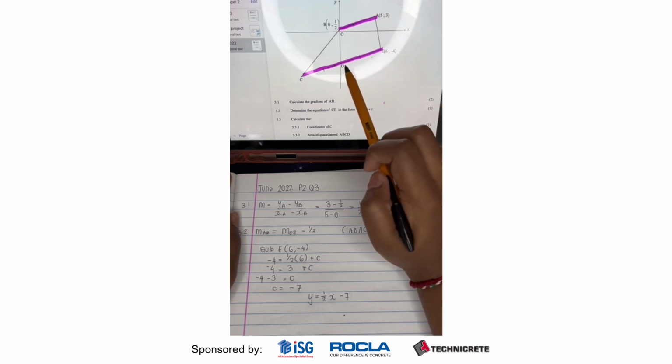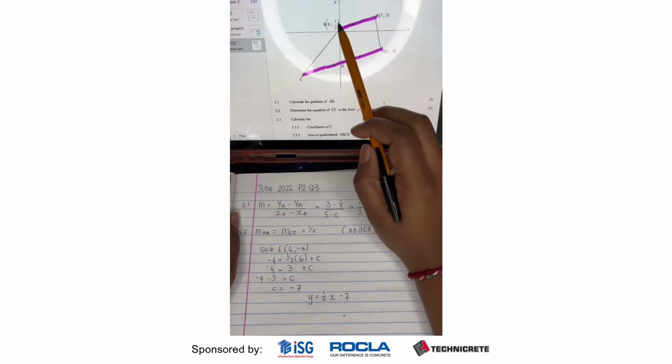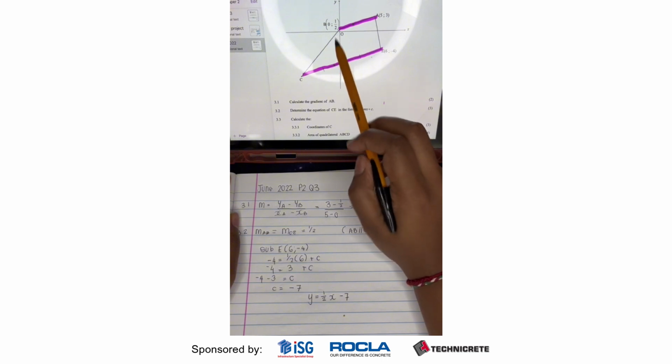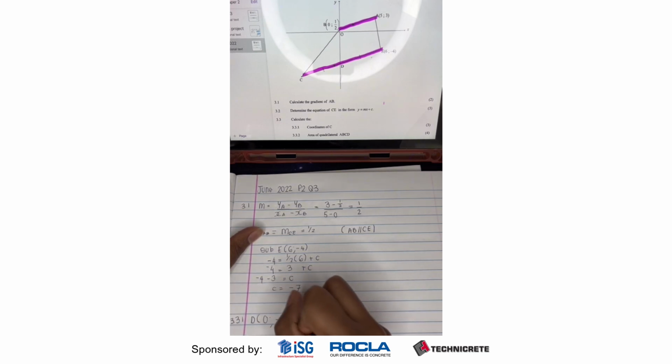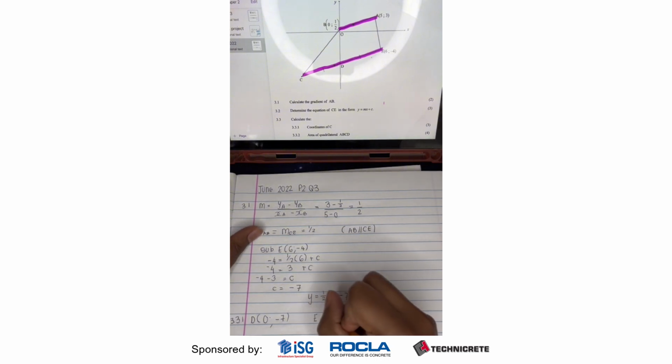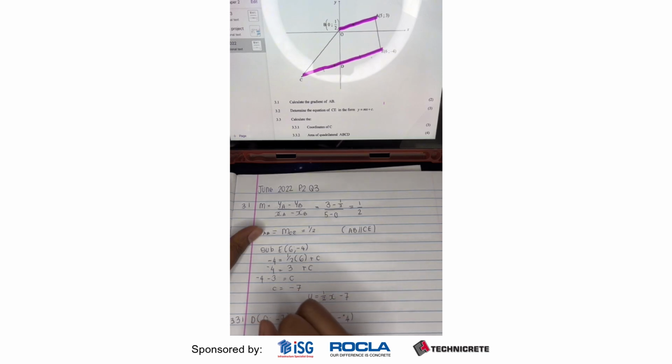The only thing that we would need is the coordinates of D, but we also know that D is what of CE? It's my y-intercept. So therefore D has coordinates (0; -7), because my c value is -7. We know E is (6; -4). Now we can use the midpoint theorem to find our value.